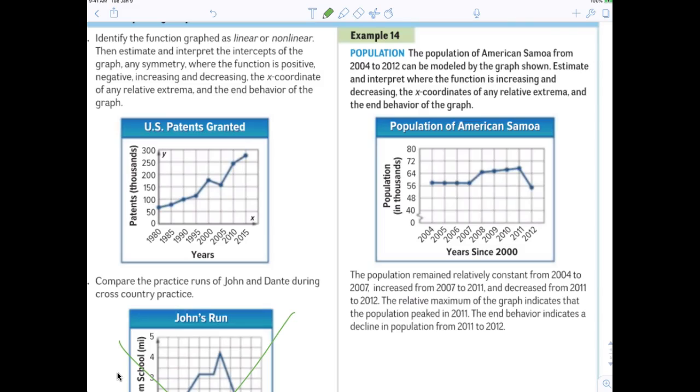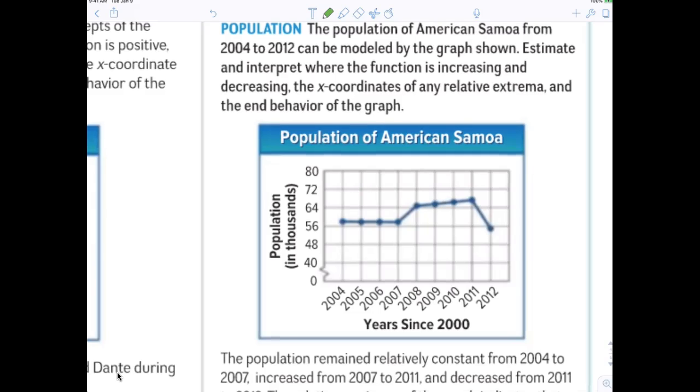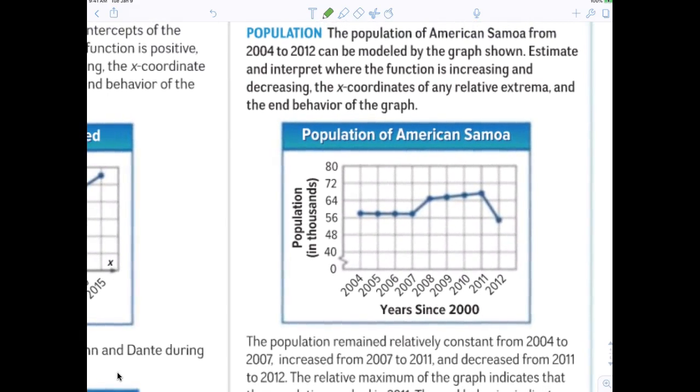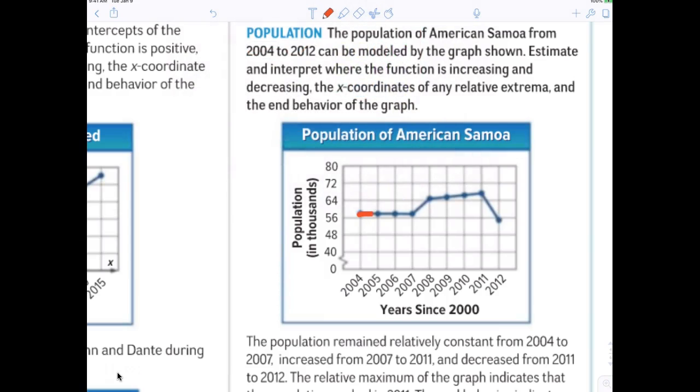Okay, so here I think you should understand increasing and decreasing and where it's constant. So let's put this up on the board. I'm going to highlight this. So from here to here, what's the population doing?